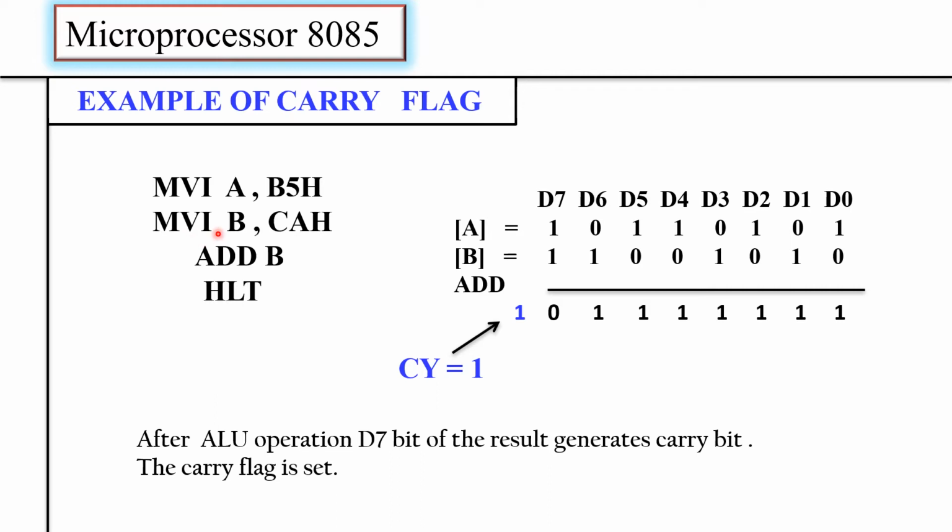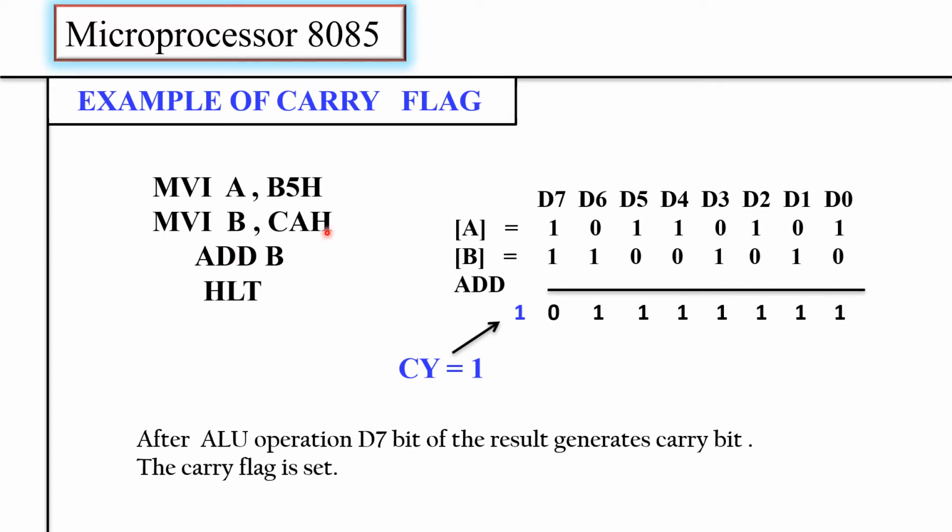Clear? MVI A comma B5, MVI B comma CA: the data is moved in. Whenever you want to move any data into a register, either A, B, C, D, E, H or L, we will use this instruction MVI. I means immediately, the data.